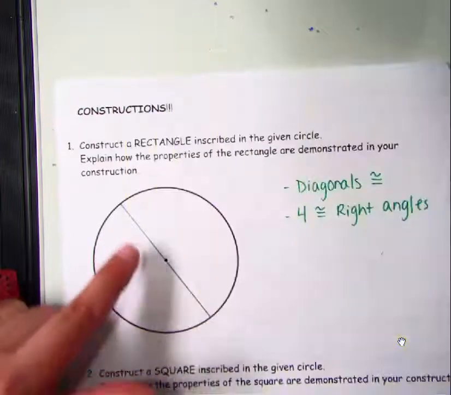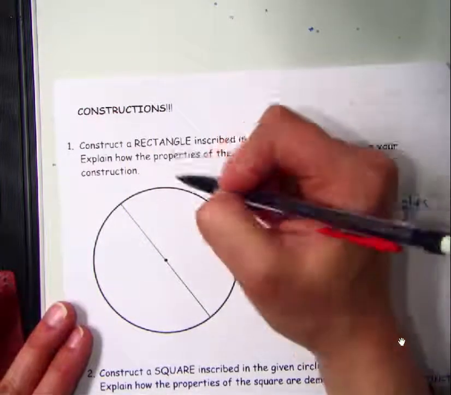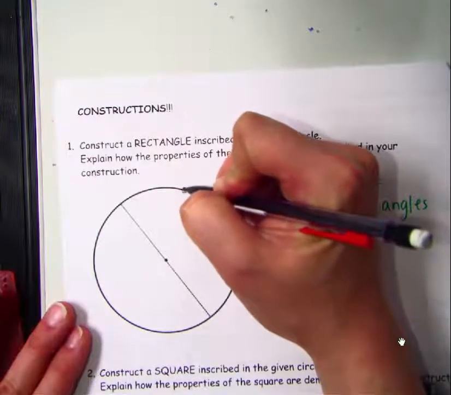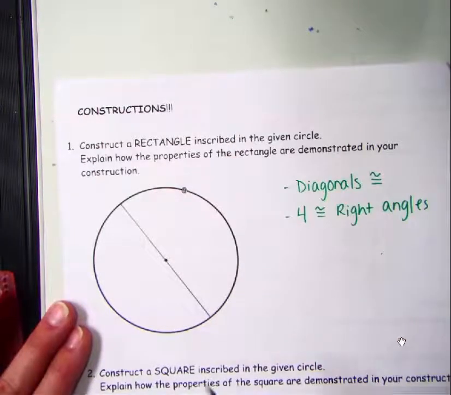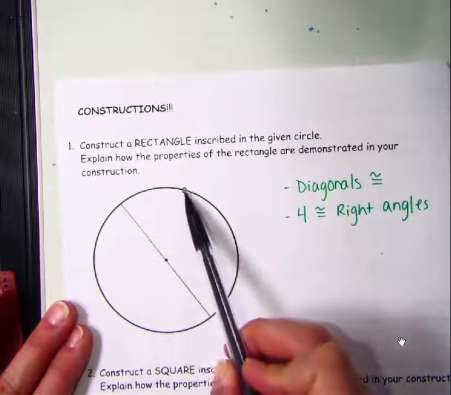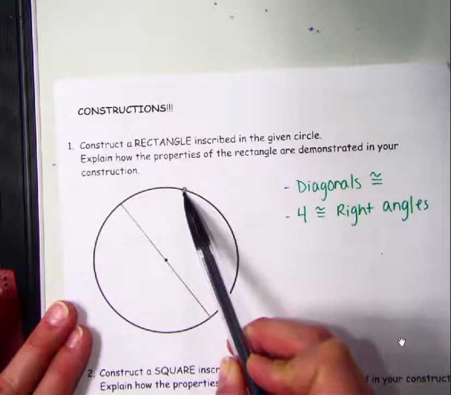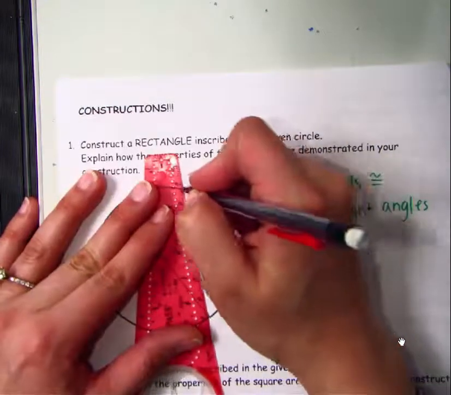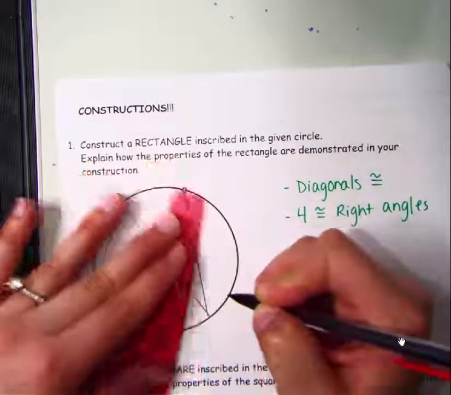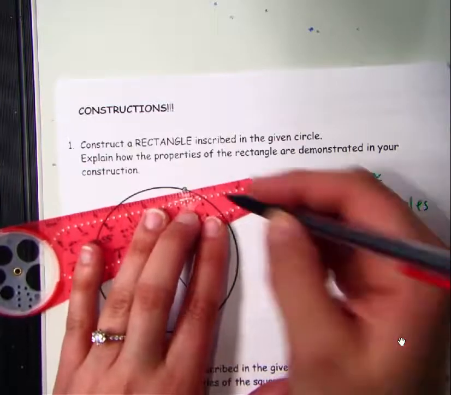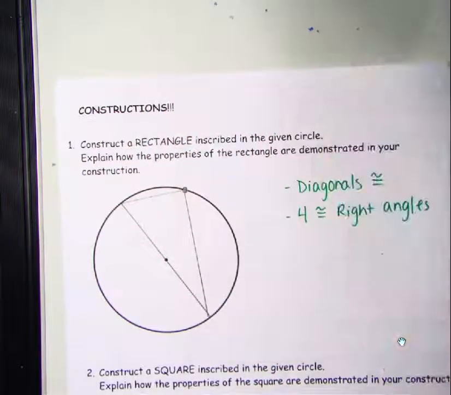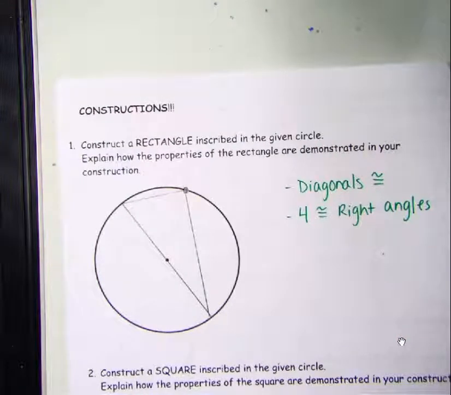So we're going to take my semicircle and we're going to put a vertex somewhere along the arc of the semicircle. Now you're going to draw an inscribed angle going to that vertex point. Basically what we just did is half of the rectangle.